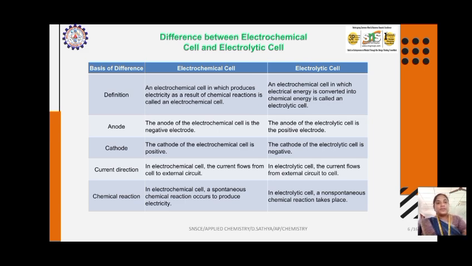The cathode in the electrochemical cell is positive, and in the electrolytic cell it is negative. Regarding current direction, in the electrochemical cell the current flows from the cell to the external circuit, while in the electrolytic cell the current flows from the external circuit to the cell. In the electrochemical cell, a spontaneous chemical reaction occurs to produce electricity. In the electrolytic cell, a non-spontaneous reaction takes place.